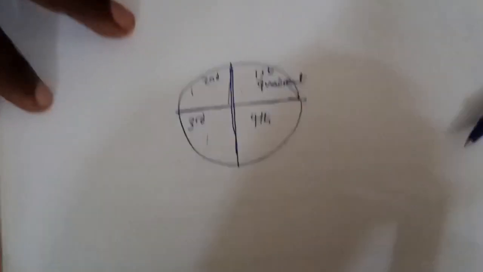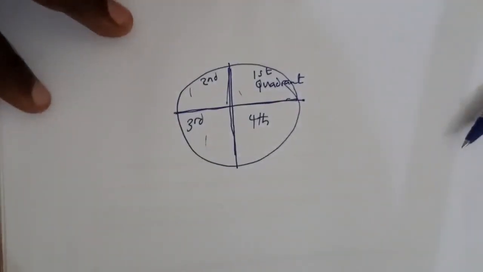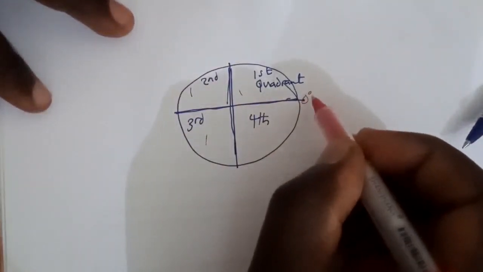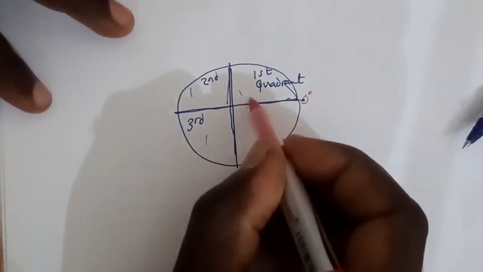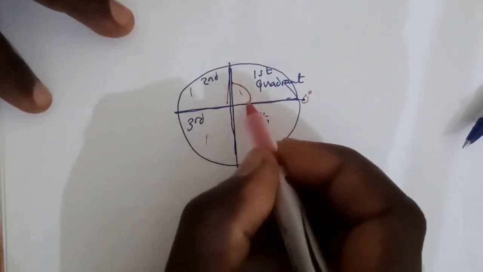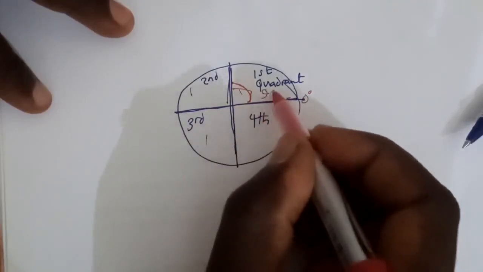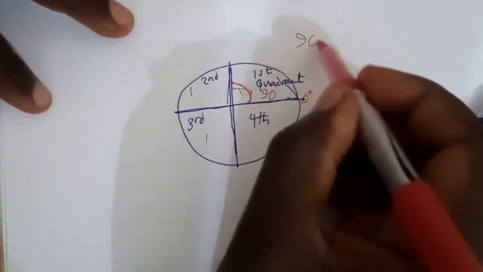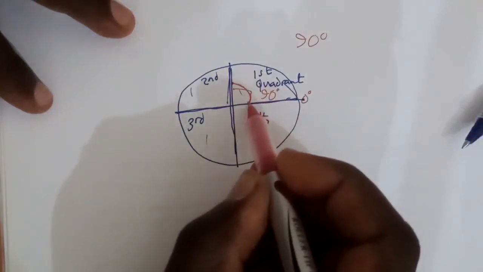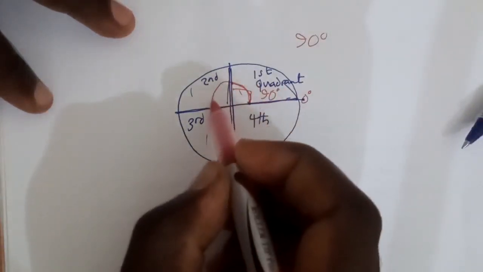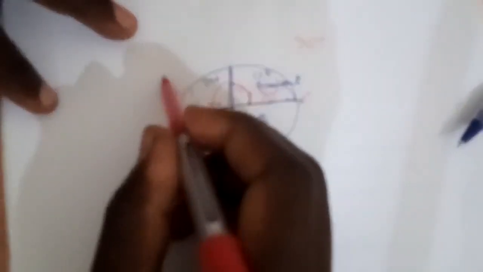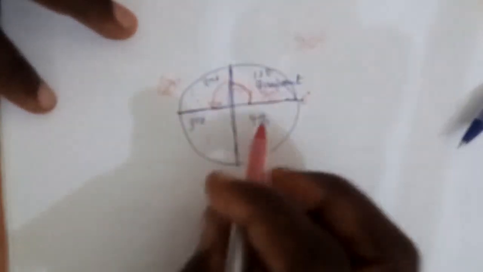Now, angles usually are measured from here. You have 0 degrees here, then we measure the angles in anti-clockwise direction. So from here to here is 90 degrees. Every quadrant is 90 degrees. If you move from this first quadrant to the second quadrant completely, you have 90 plus 90, this will be 180 degrees.